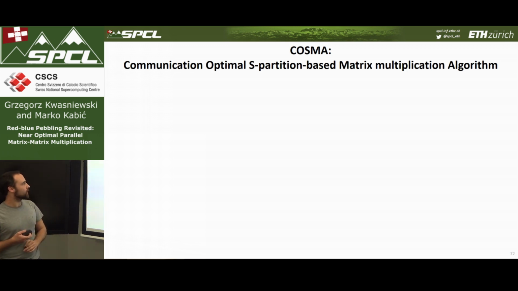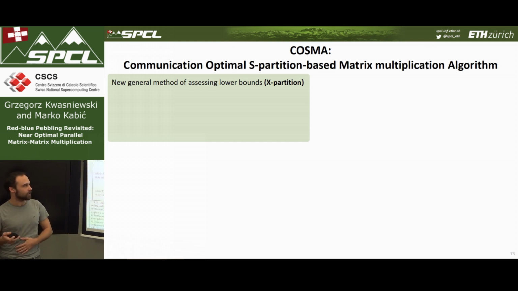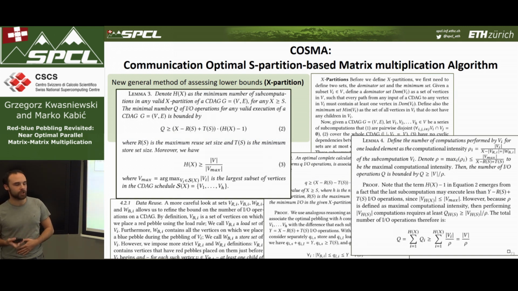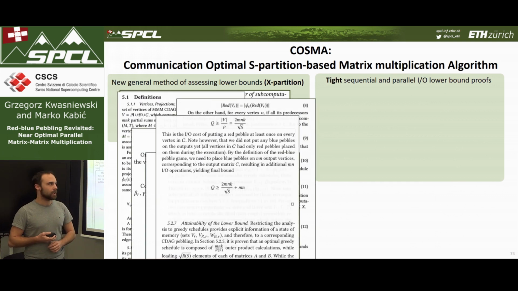In this work, we have shown the X-partition abstraction, which can derive tight lower bounds for any computational DAG. Then we used this abstraction to derive tight sequential and parallel I/O lower bounds for matrix multiplication.